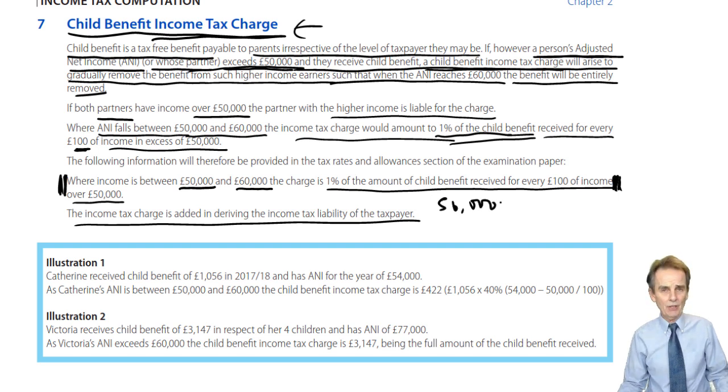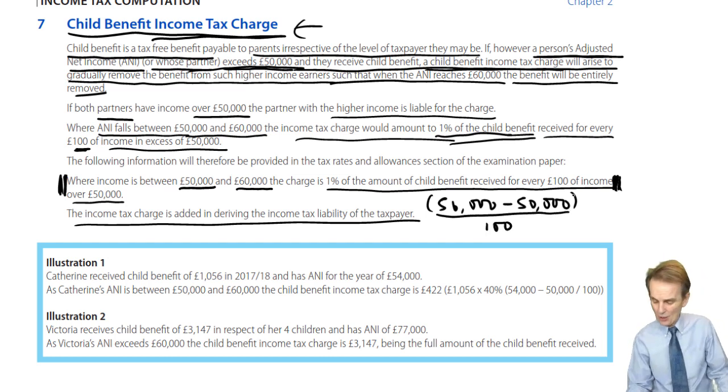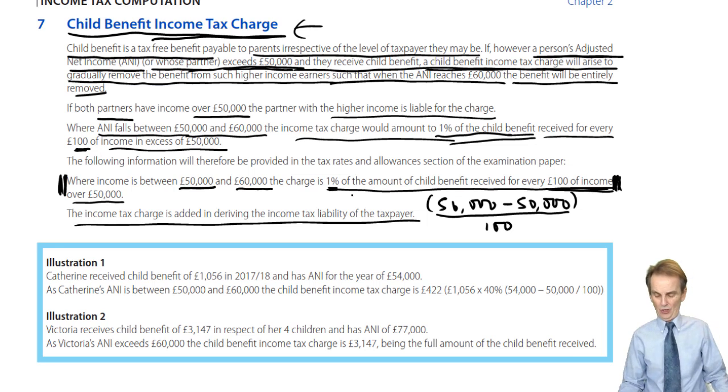Well, £56,000 exceeds the 50,000. By how much? Obviously, 56,000 minus 50,000 will be 6,000. And we divide that excess by 100, because for every £100 of income over 50,000, we have a 1% charge.